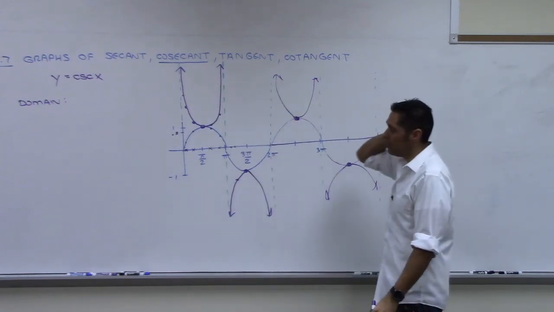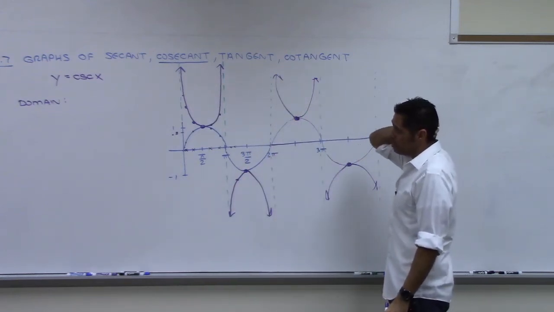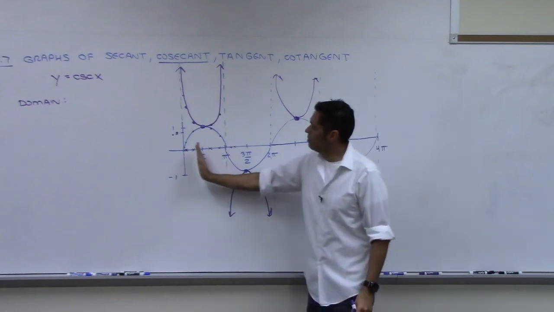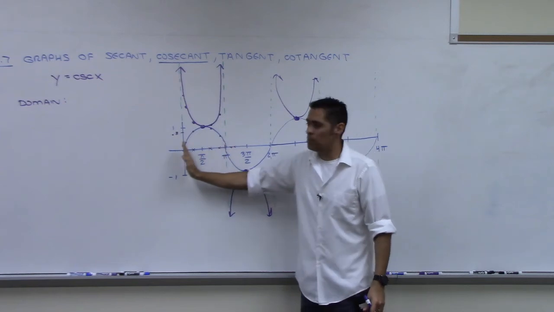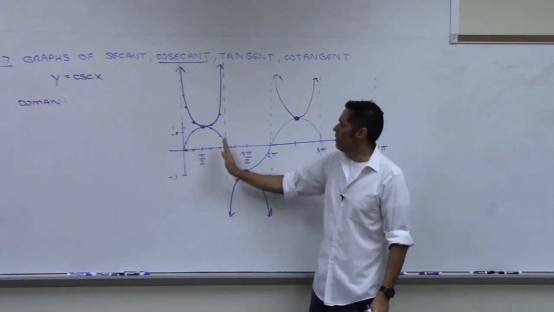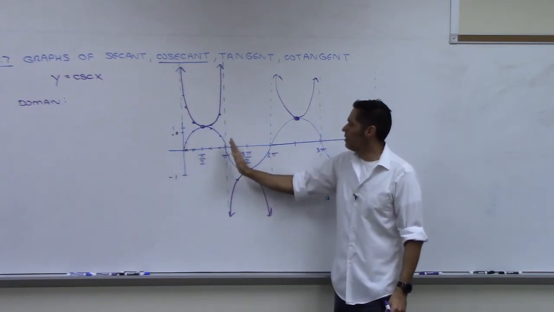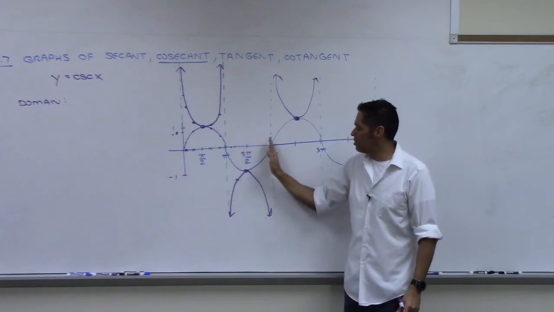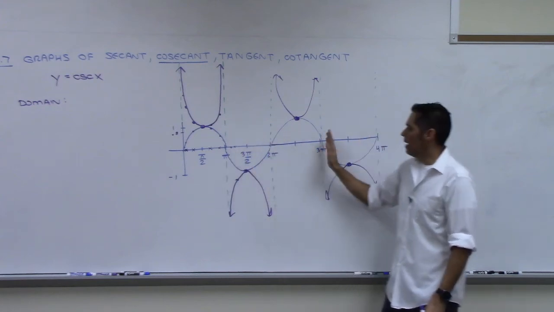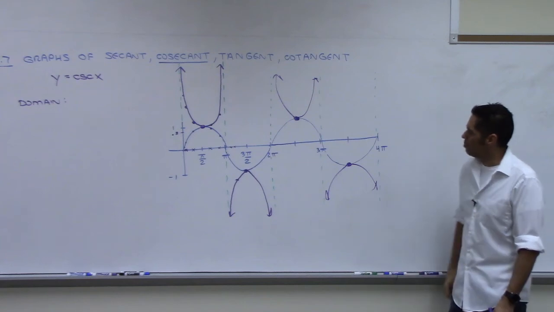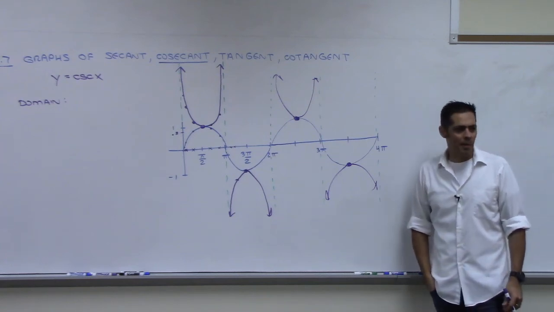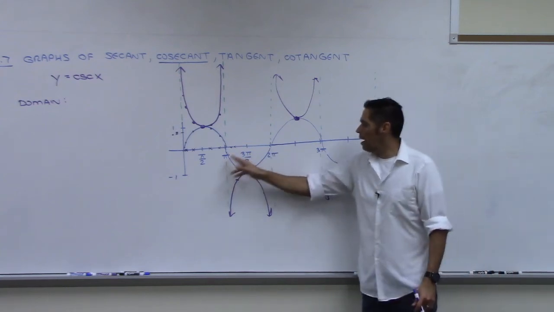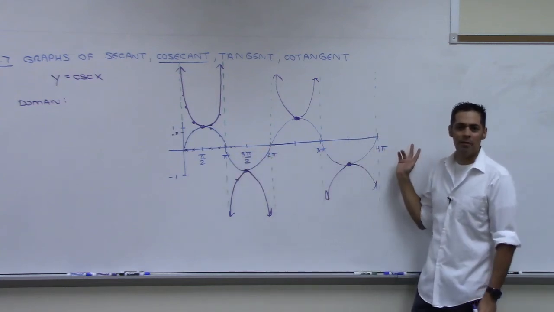The domain is, well, you've got a vertical asymptote, then everything between 0 and pi is good, and then another problem, and then everything between pi and 2 pi is good, then another problem. It looks like we're having problems where? At every single multiple of pi, right? At pi, 2 pi, 3 pi, 4 pi, 5 pi, right?